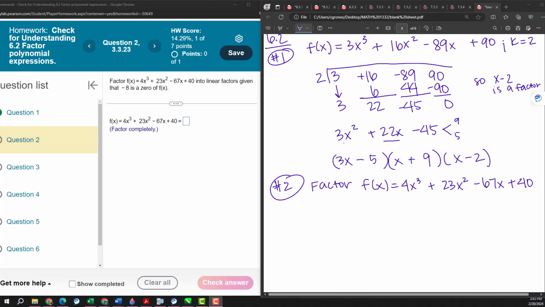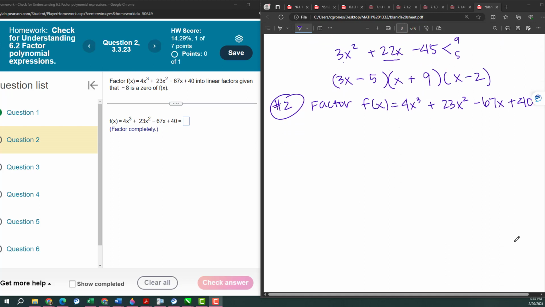Okay, so them telling us that negative 8 is a 0 lets us know that if negative 8 is a 0, then x plus 8 is one of our linear factors.